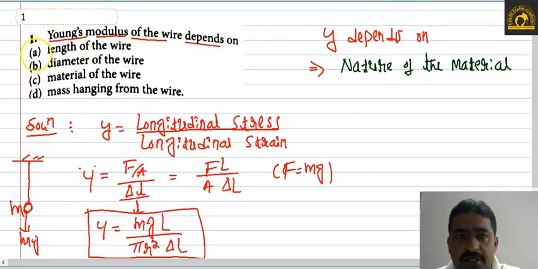It does not depend on length or diameter. So it is the nature of the material of the wire. That is the answer for this question, and option C is the right answer.